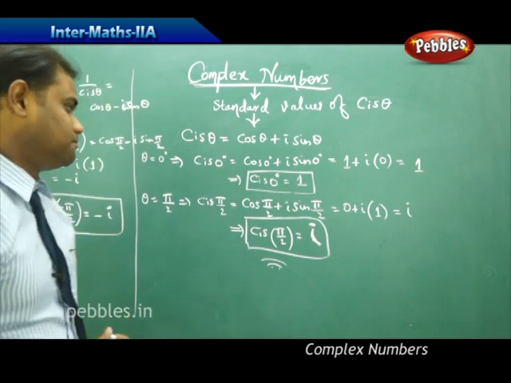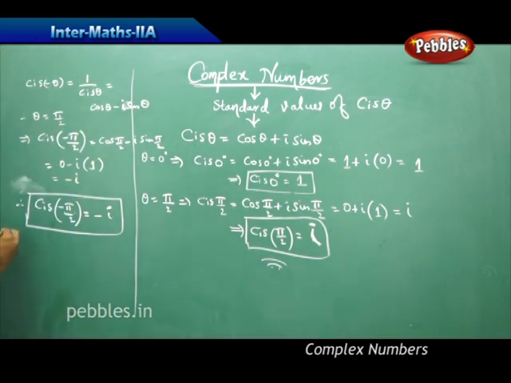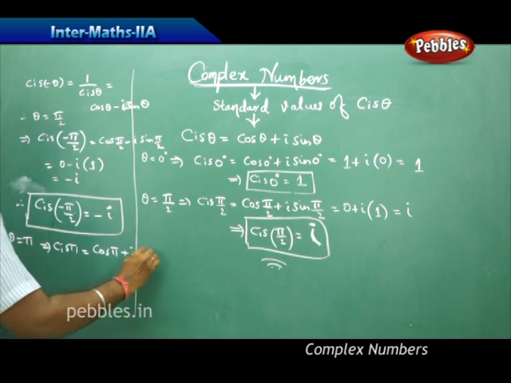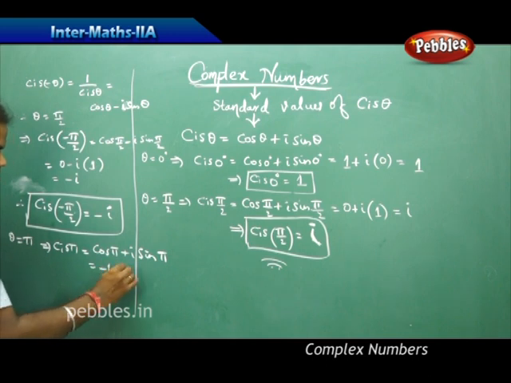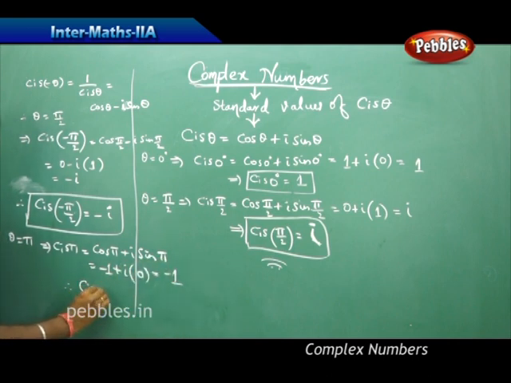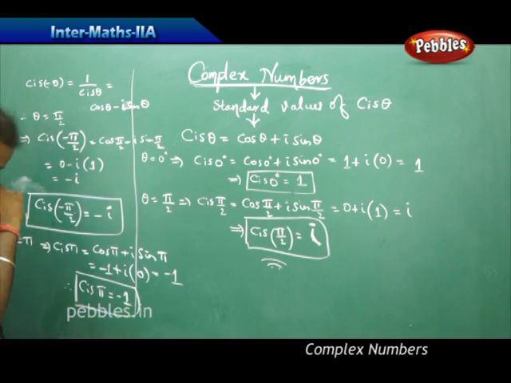Similarly, when I take theta equal to pi, that implies cis pi would be cos pi plus I sin pi, where in this case cos pi is minus 1 and I times sin pi is 0, which is nothing but minus 1. Therefore, cis pi is minus 1.